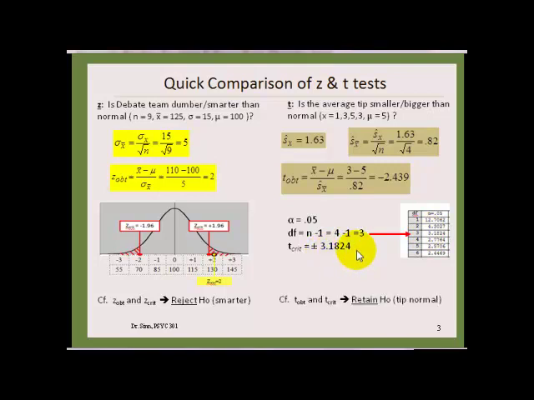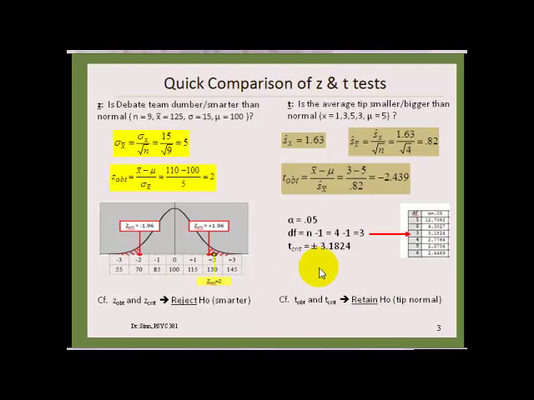So whereas over here with the z, a 2 was good enough to reject, over here, since we have so few subjects, our t obtained does not exceed our t critical. It doesn't get past that 3.1 on the negative side, so we have to retain the null and say that it's conceivable that those tips come from a population where mu is 5.